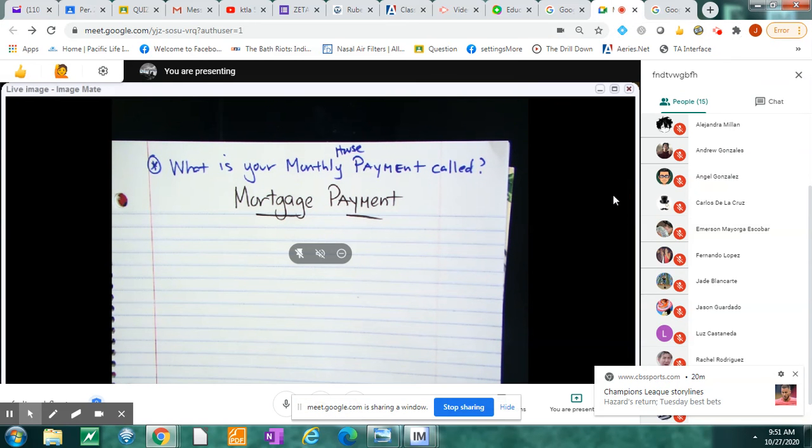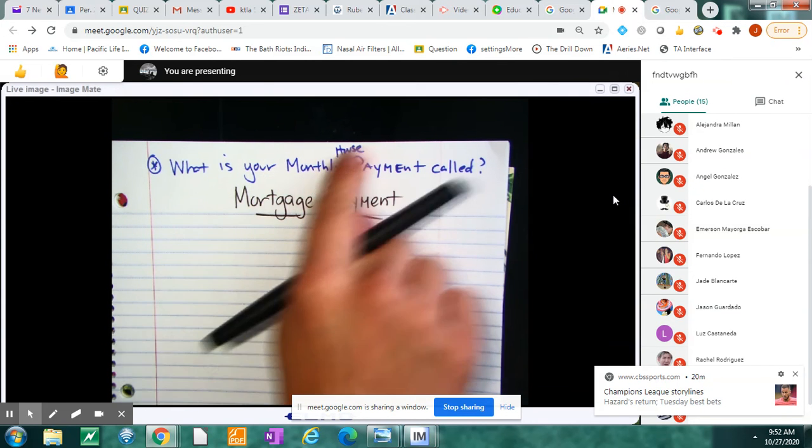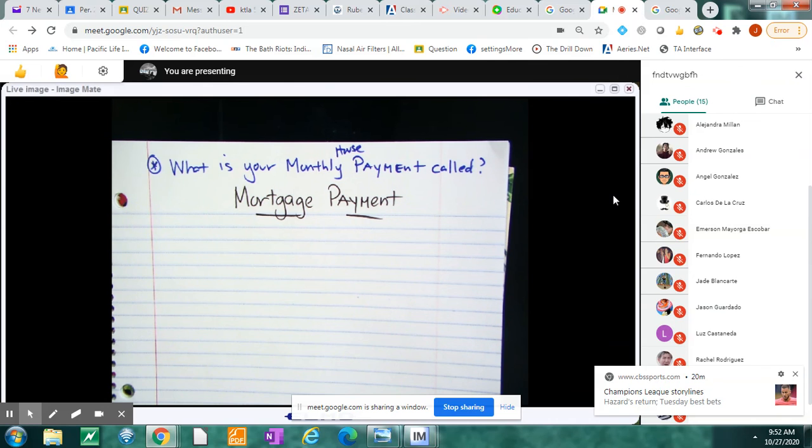Do you have rent? What's your rent? That's totally different, two different things. Your monthly house payment, not your rent payment, is called the mortgage payment. And what does that cover? There are a lot of things it covers, and we're going to talk about that.